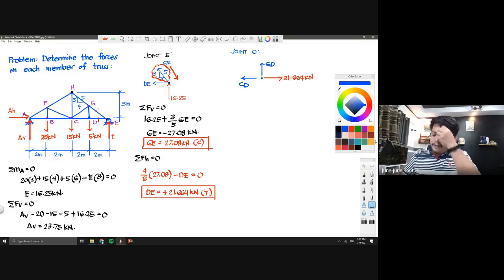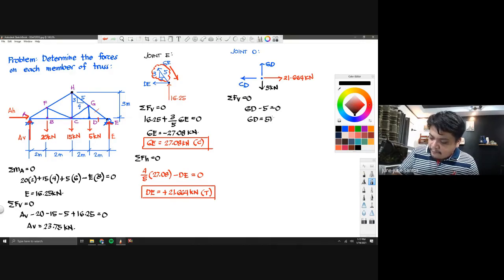Okay? So, with this, kitang-kita kagad, I will try to have it summation forces vertical equal to 0. I could say that my GD, meron pala dito ang GD, and then that is around 5 kilonewton, kasama yung load na yon. So, kitang-kita, GD minus 5 equal to 0. So, I have now GD equals to 5 kilonewton.